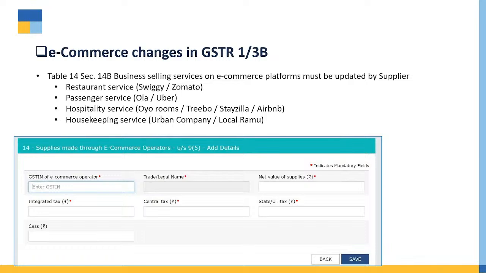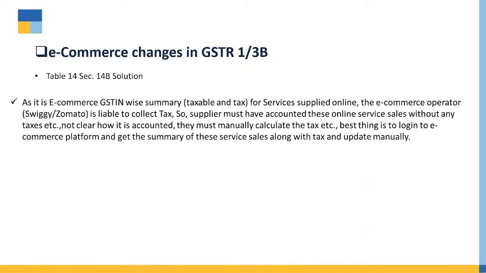Download the summary and update it here, with their GSTN number, legal name, and the net values with the relevant taxes accounted by them. This is also why the department is asking a supplier to update it: to reconcile if the e-commerce operators are having the same values updated when they file their returns. So that is what we say here.